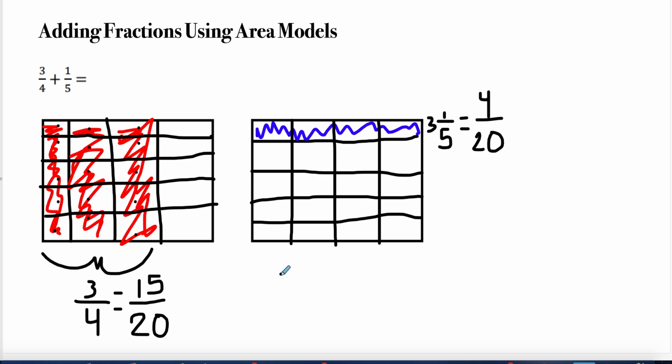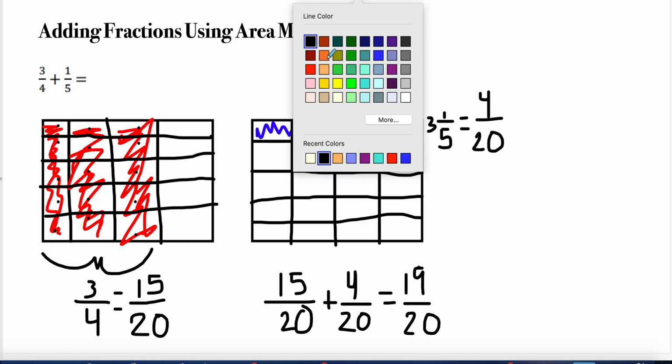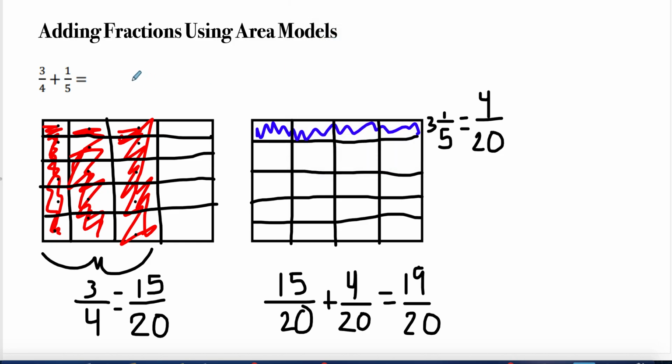So now to add, I just need to do 15 20ths plus 4 20ths, and I get 19 20ths. So I can say that 3/4 plus 1/5 is equivalent to 19 20ths, and that's my answer.